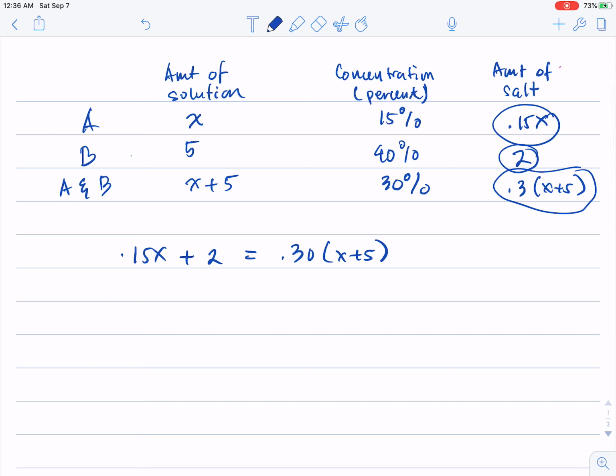So, para hindi tayo mahirapan, tanggalin natin yung decimal point by multiplying both sides by 100, di ba? So, 0.15x plus 2 equals 100 times 0.30 times x plus 5.